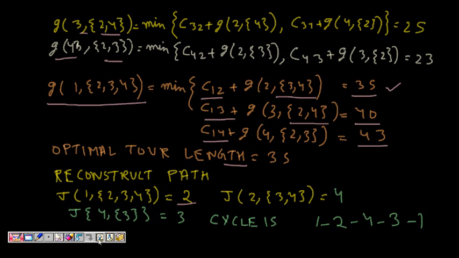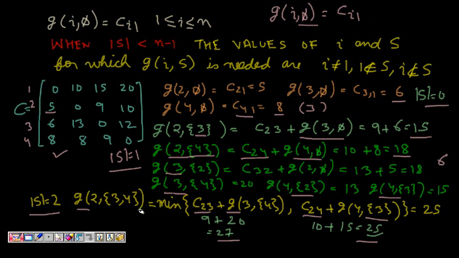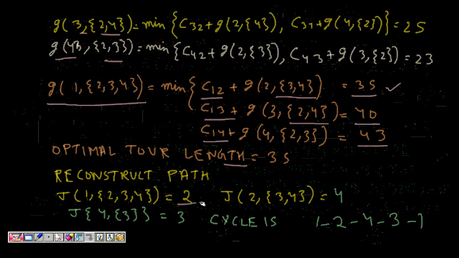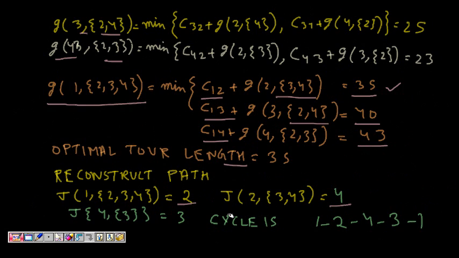I could have gone from node 2 to node 3 or node 2 to node 4. I saw that node 2 to 4 is the minimum, so from 2 I will go to node 4. Okay, this is now done, and from 4 only one option is left, which is 3. So the path is 1 to 2, then 4, then 3, and then 1.